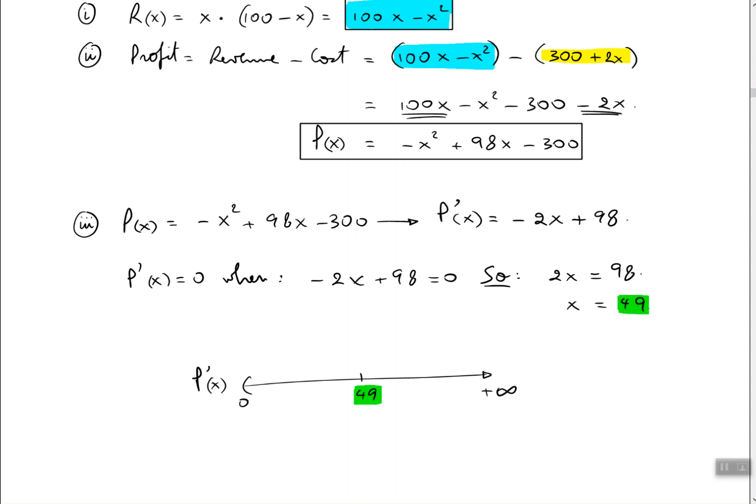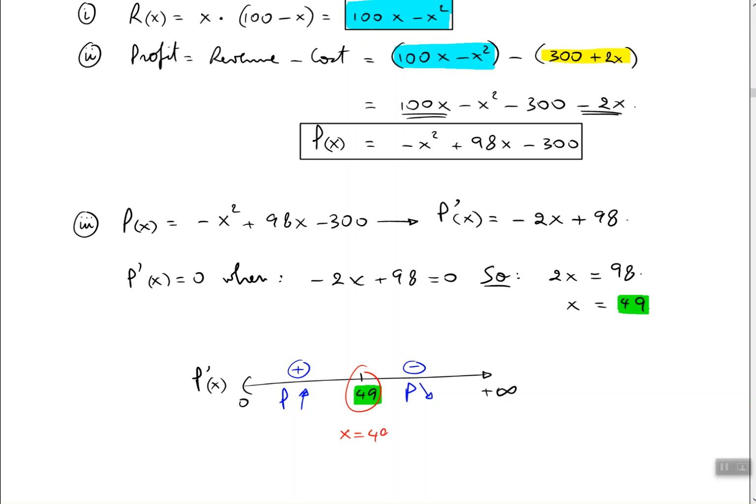So let's test it out by picking a number before and a number after. Okay, put them into the derivative. So 1 turns out to give us a positive amount, and 100 gives us a negative amount. So that means the profit is going to go up, and then the profit is going to go down after 49. So that means 49 is going to have a maximum.